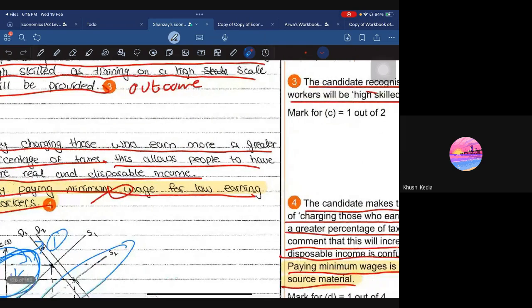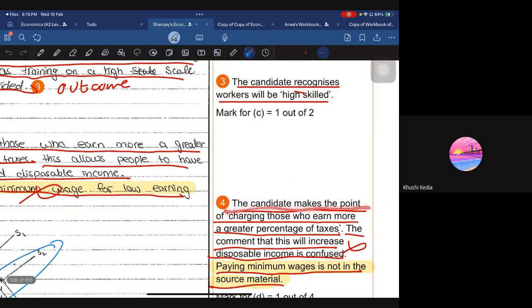Now you see what he says. He says the candidate makes the point of charging those who earn more a greater percentage of taxes. The comment that this will increase the disposable income is confused, but the above part is fine. So to not confuse the examiner, you could just say progressive taxes. Second point, paying minimum wages is not in the source material.